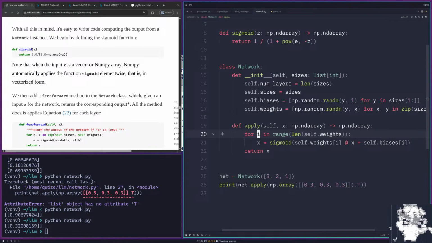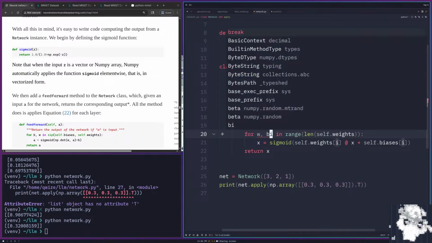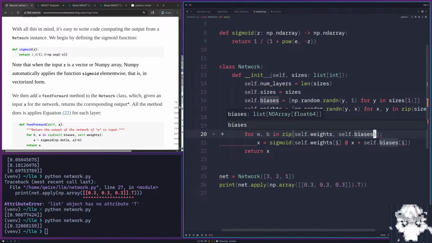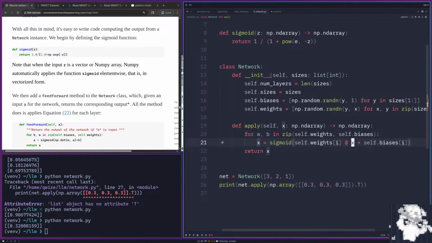So let's do that also. For b, w in zip self.weights, self.biases.